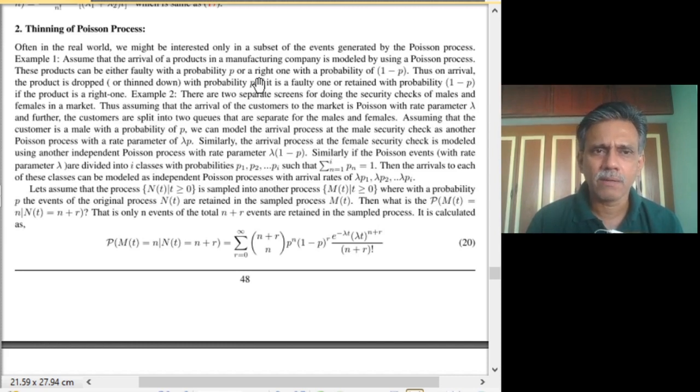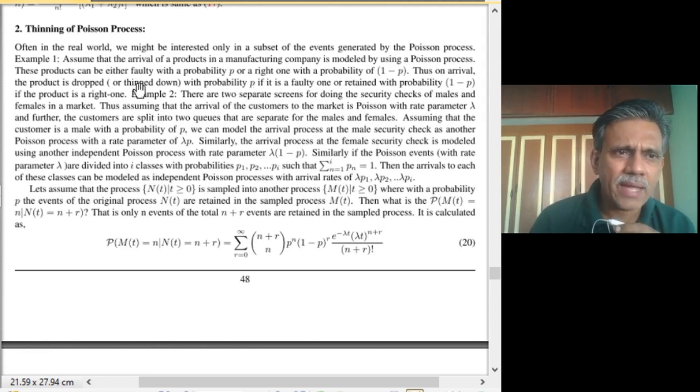The remaining, which are good ones, are sent. So now the original Poisson process is divided into two Poisson processes. With probability p we send it to one process, and with probability 1 minus p to the other. In these cases the products are thinned down, reduced. That is why it is called the process of thinning.